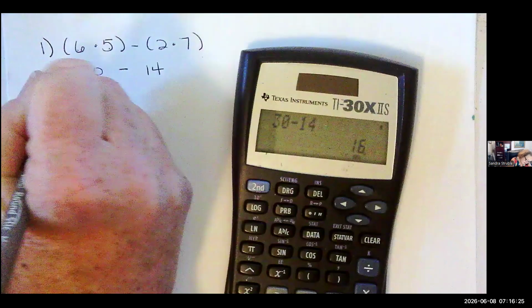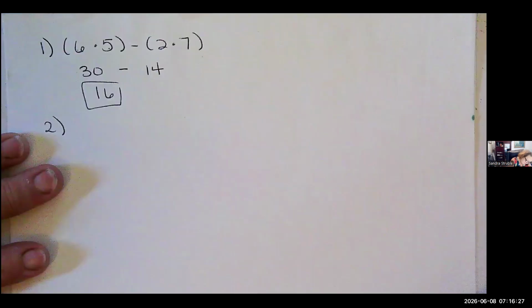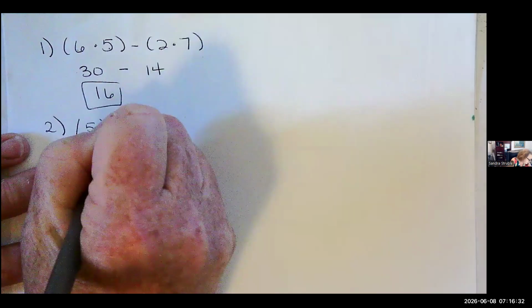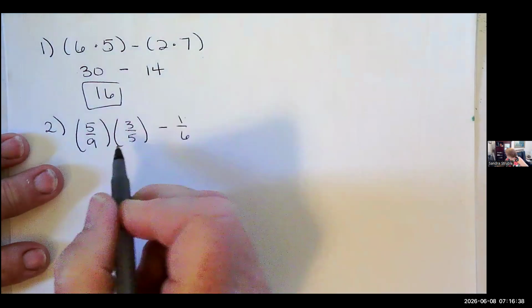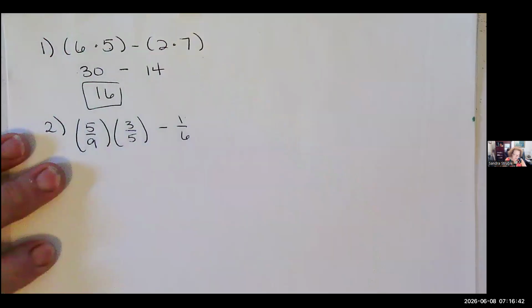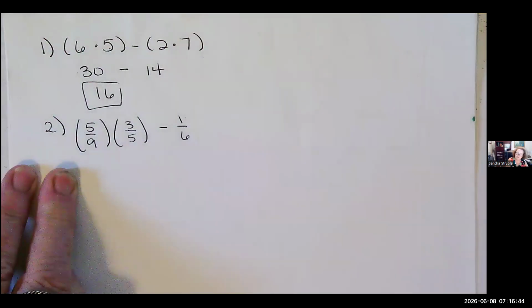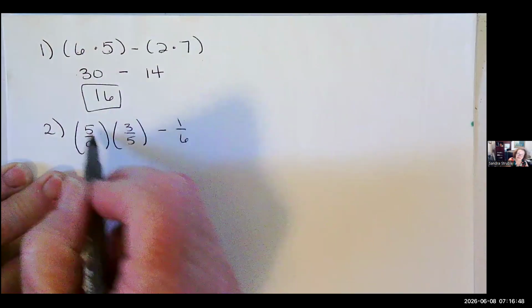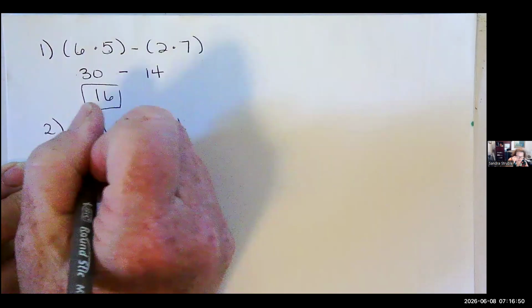The next one is 5/9 times 3/5 minus 1/6. Now, I could multiply these straight across, or because these are multiplied, I could go ahead and reduce this. Now, if you multiplied, then you would have to reduce it.